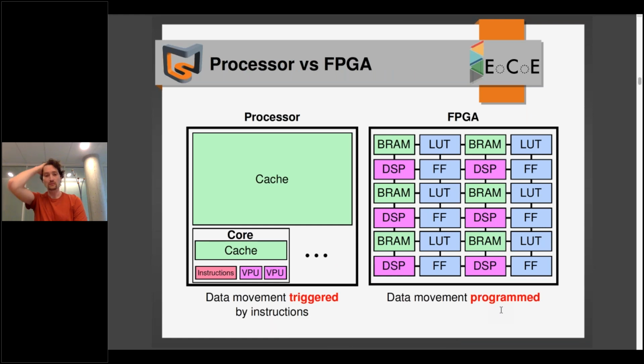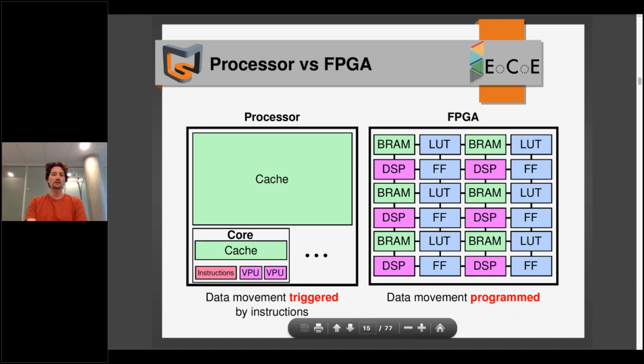Let's compare this to processors. On the left you have a sketch of what a processor is. You have some internal memory, so caches. Then we have several cores typically on current architectures. Each core has some private cache as well. What processors are doing is executing a sequence of instructions, okay?